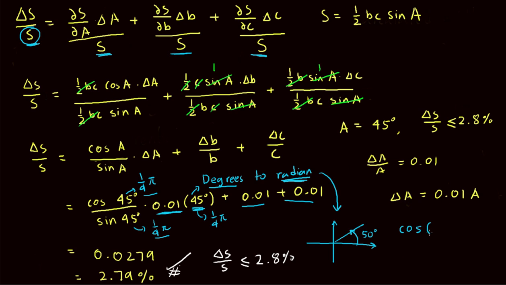It's basically cos 50 degrees, 50 times t. Okay, let's say the displacement of the object, 50 degrees times t.